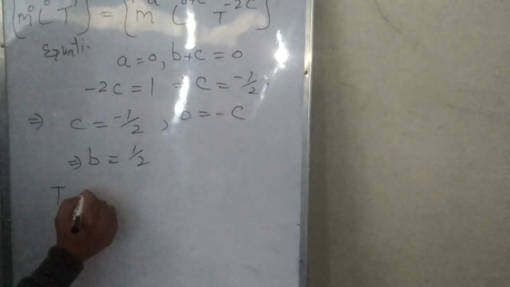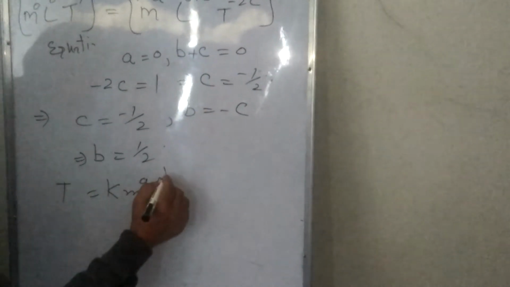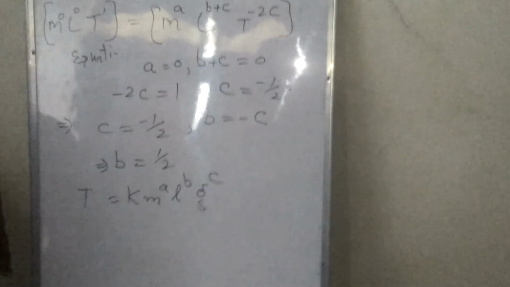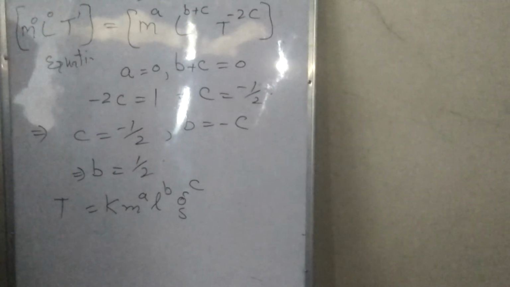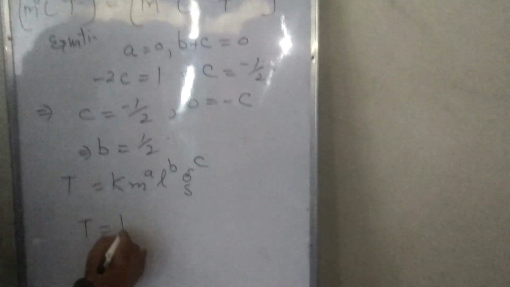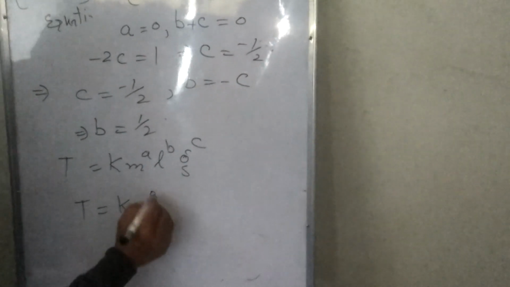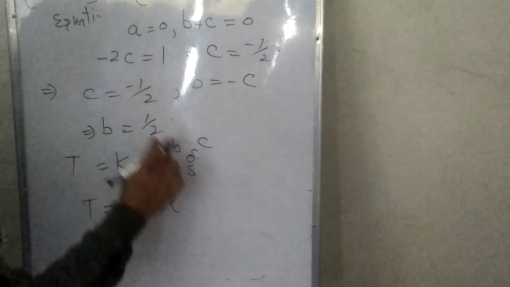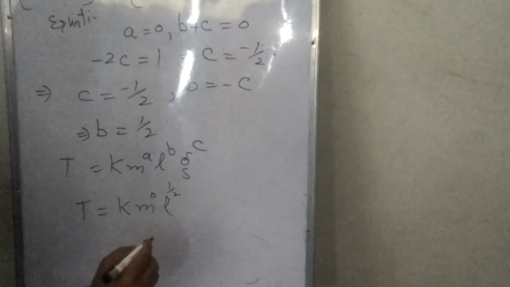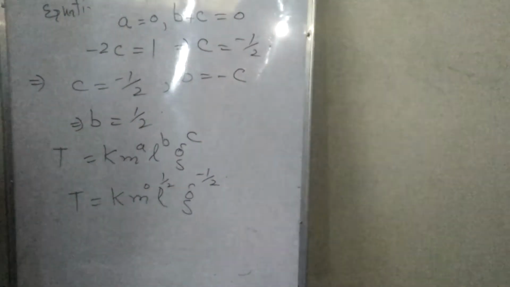Equation first, T is equal to k times M raised power a, L raised power b, and g raised power c. Giving these values, we get T equal to k times M raised power 0, L raised power 1 by 2, and g raised power minus 1 by 2.